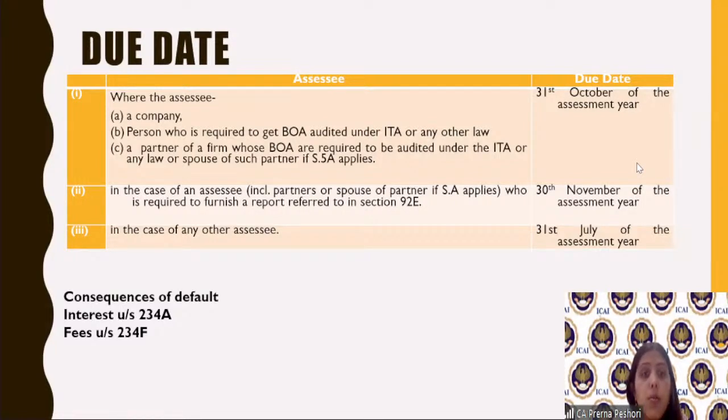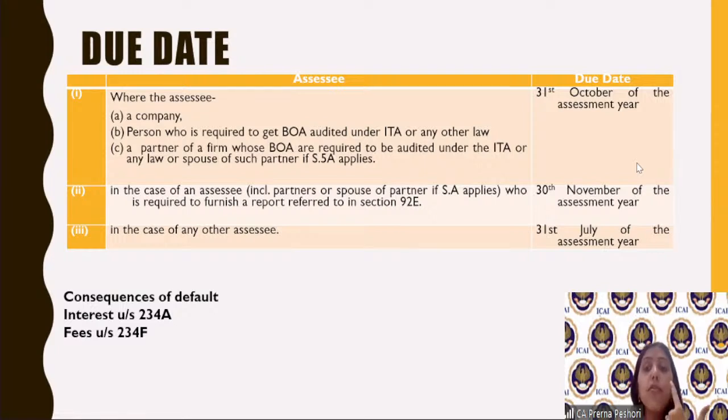So certain deductions are based on the return of income filed under section 139(1). If you have not filed the return of income within 139(1), then it is quite possible that those deductions will get disallowed. Right?